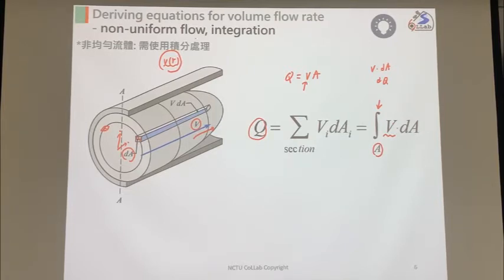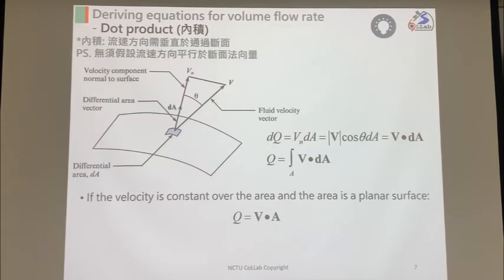Okay, so another case, the final one. Because the velocity here is a vector, and we know that when we compute the discharge, we need to assume the velocity direction is always parallel to the normal vector of the cross section. But in this example, that is not true, because we see that the velocity vector is not parallel to the normal vector direction.